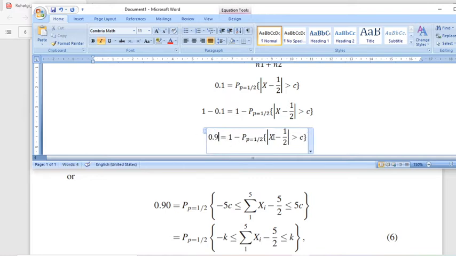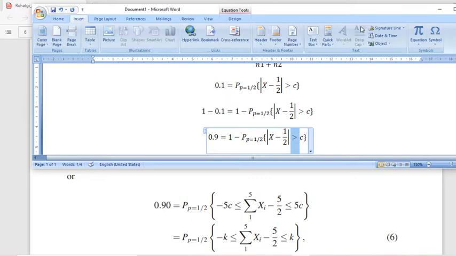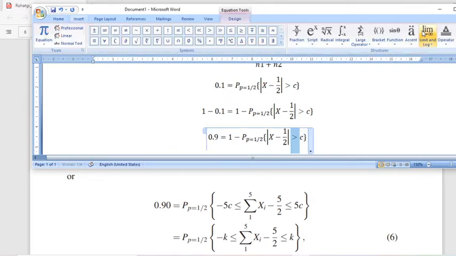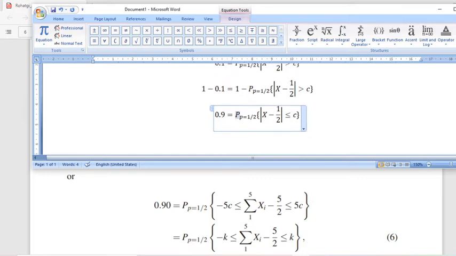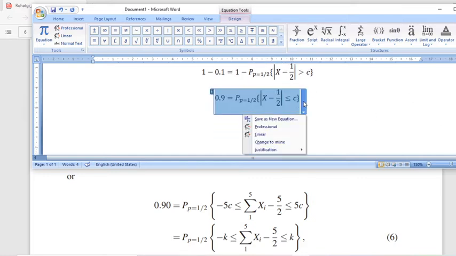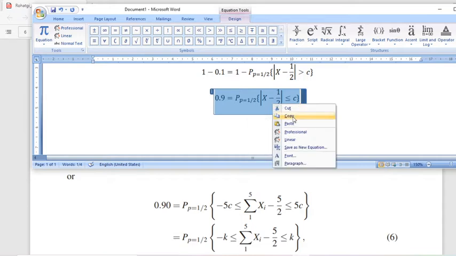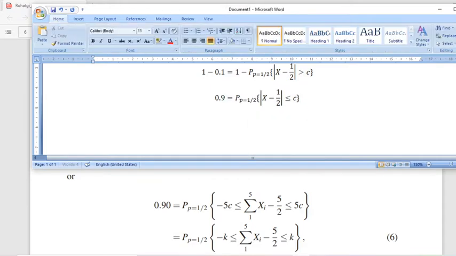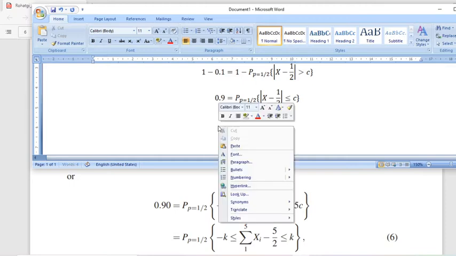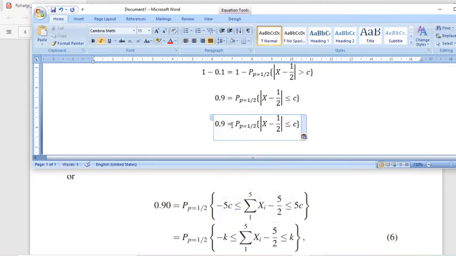Instead of 1 minus, we can put here less than or equal to, so we can remove this part. So we can explore this mode formula. What is mod x less than c?